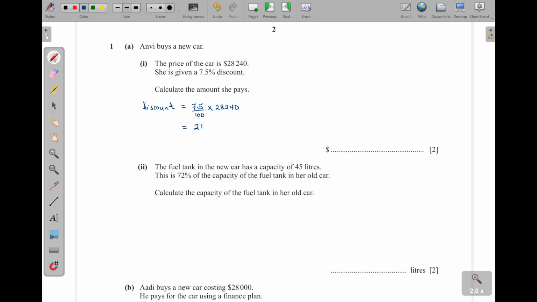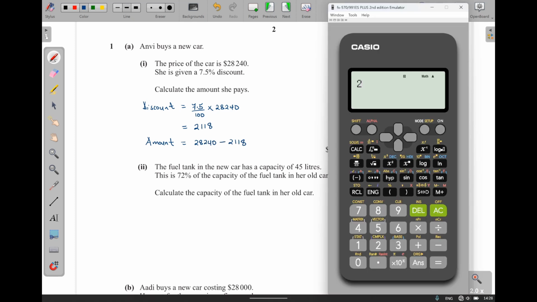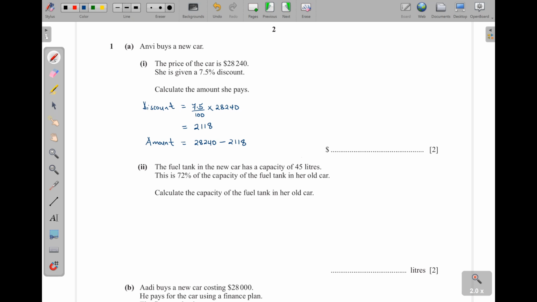So the discount is $2,118. Then the amount paid is going to be 28,240 minus 2118. Then we get the answer as 26122.